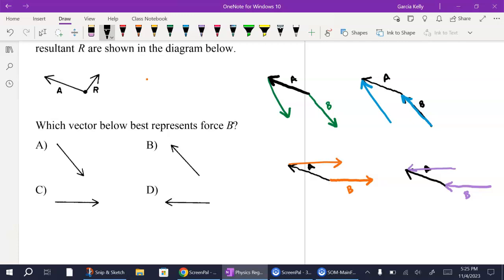Okay, let's go ahead and draw our twin vector A's. Maybe it looks like that blue one, I drew it too long. Okay, my A vector is the same size, same angle, same everything that my first A was. You'll notice it's also the same as that A right there.